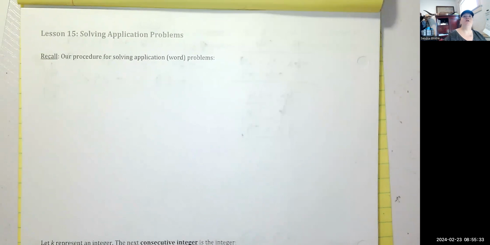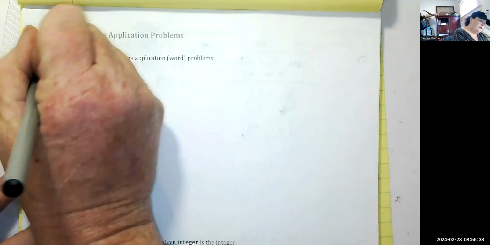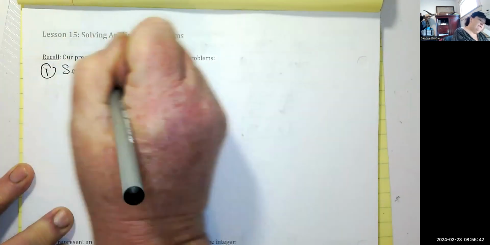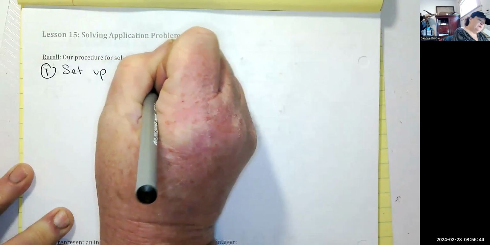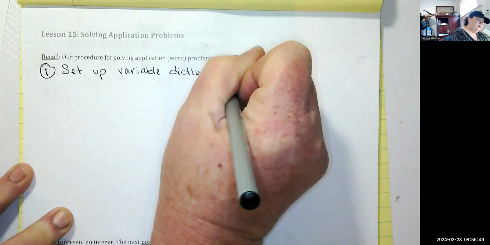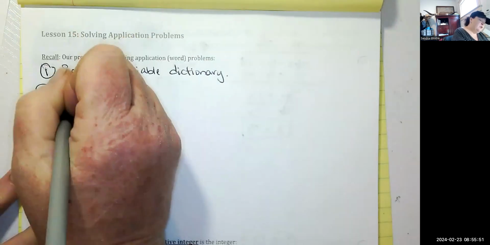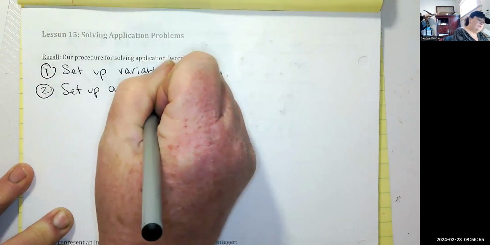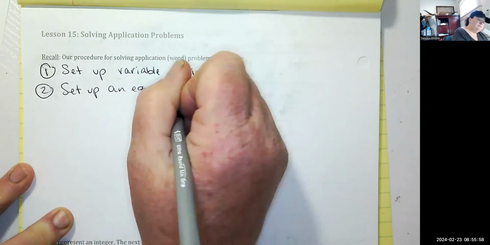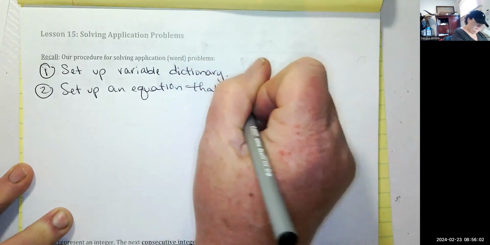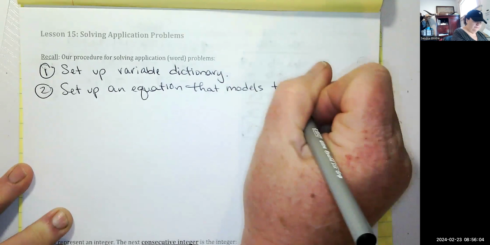Okay. So recall our procedure for solving application or word problems. Number one, set up a variable dictionary. Number two is to set up an equation that models the problem.